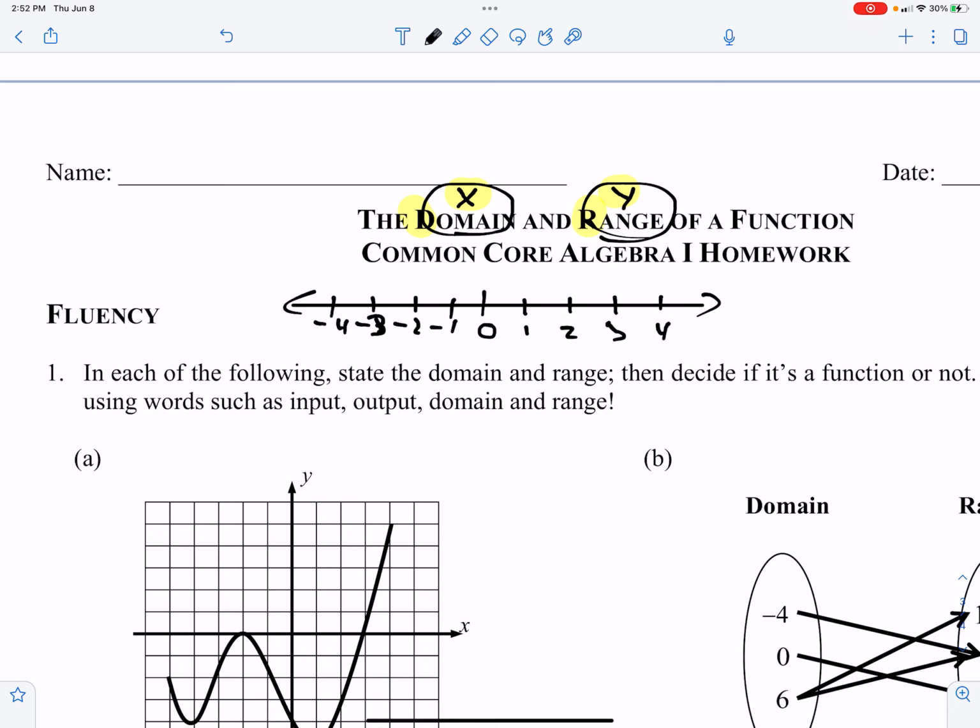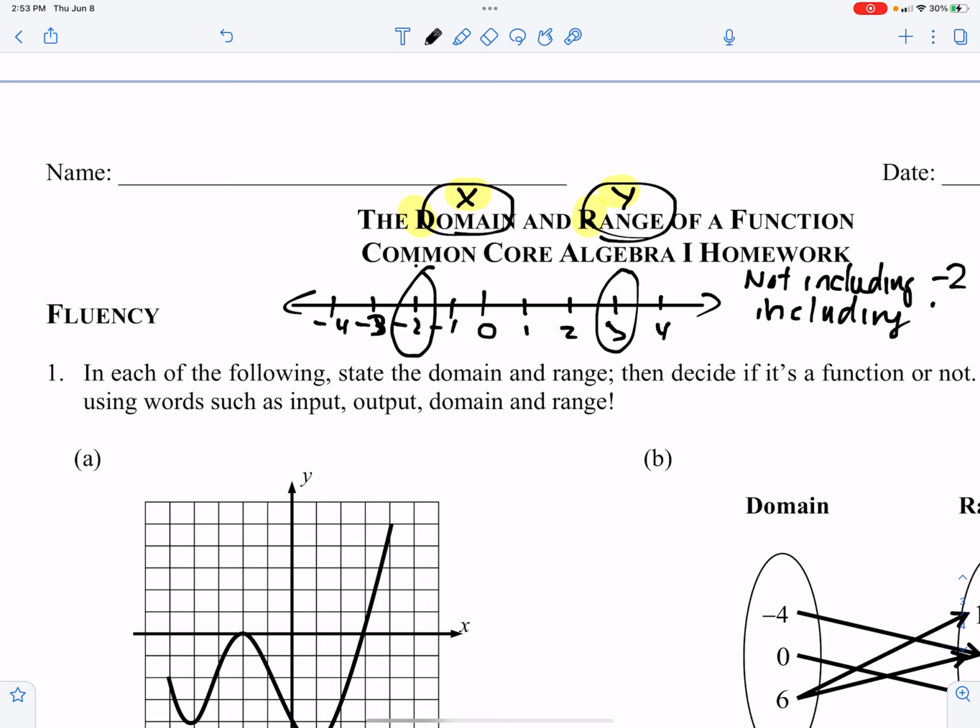What if I wanted to talk about the set of numbers between -2 and 3, not including -2, but including 3. So not including -2, I would write a hole there at -2, and I would make a dot here at 3, and I would darken in the line.